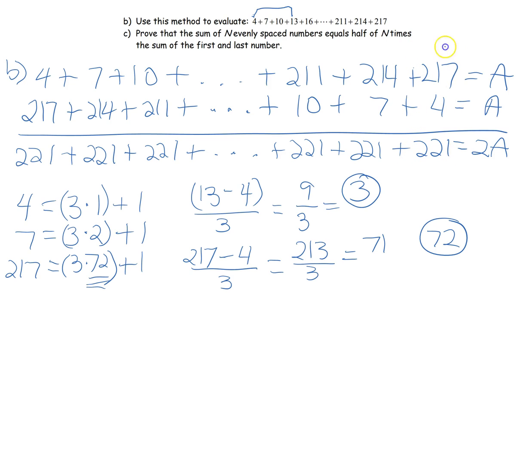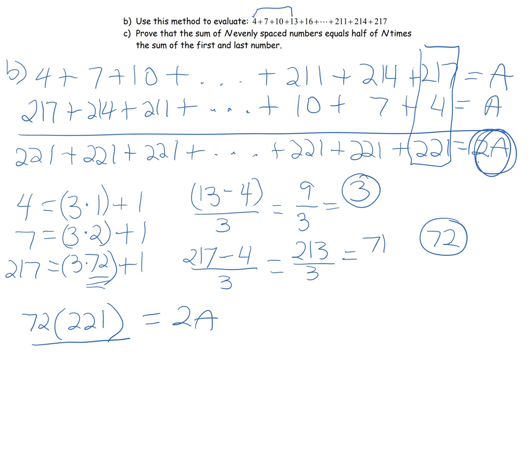each of these cases. And so that is something we need, because what we're going to do is say we have 72 times our 221 that's appearing here, and that's going to be equal to our 2a over here. And so to get our answer, or a by itself, we're going to divide both sides of this by 2.